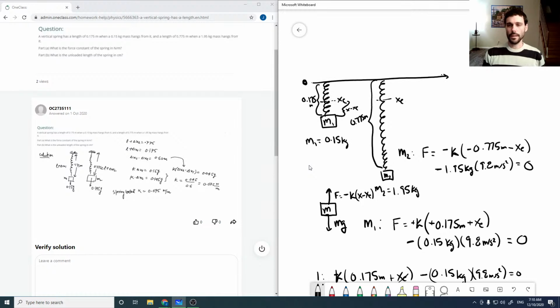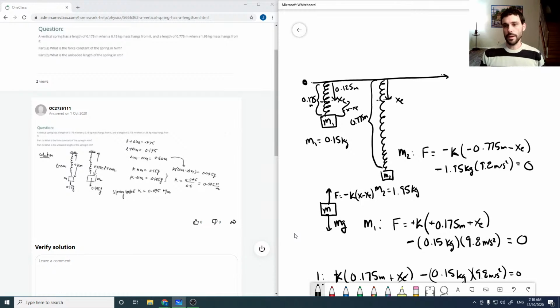And so minus XE is good because our 0 is up here. So that's 0.125 meters. Negative would be below the 0. If it was above the 0, that would be an indicator that we made a mistake.